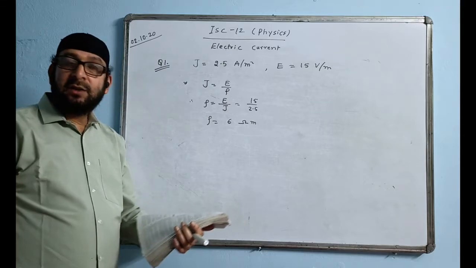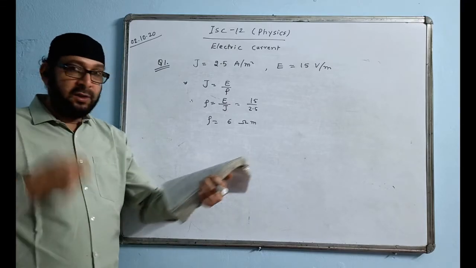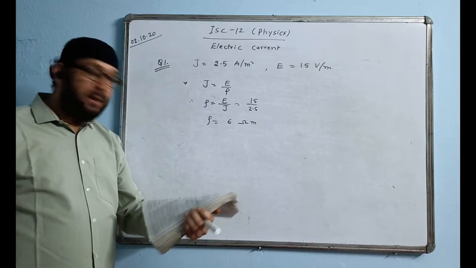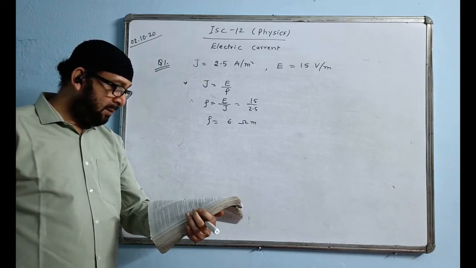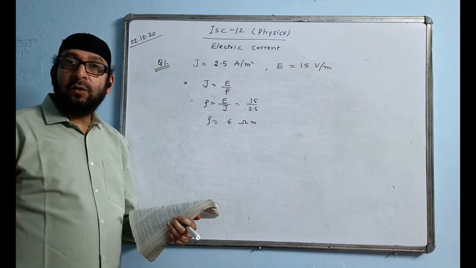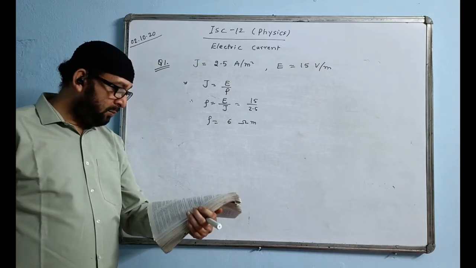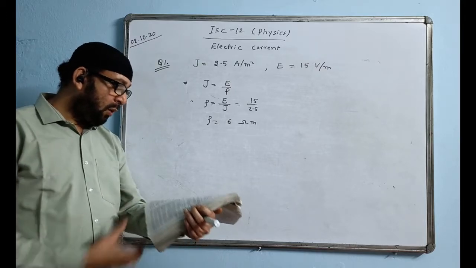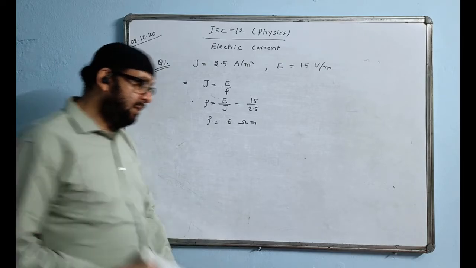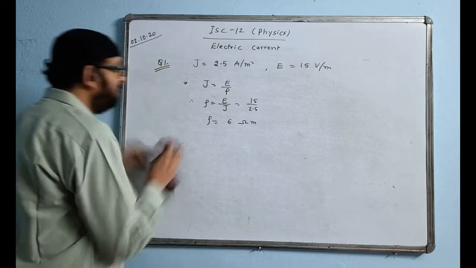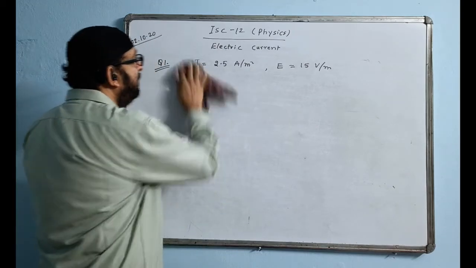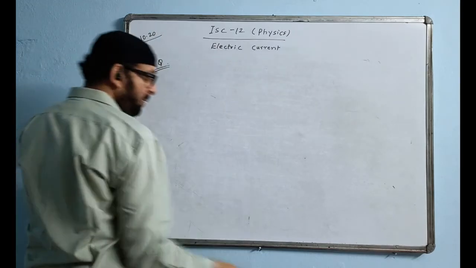If it is stretched into double its length, without changing its volume, what will be its new resistance? That is the question. I will explain to you the question and then we will be solving it.